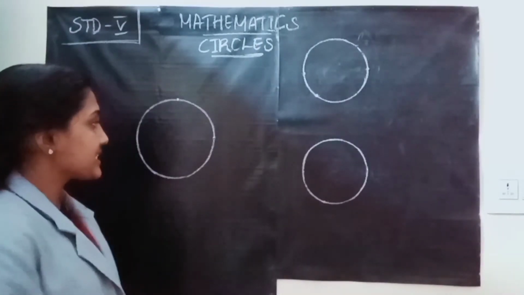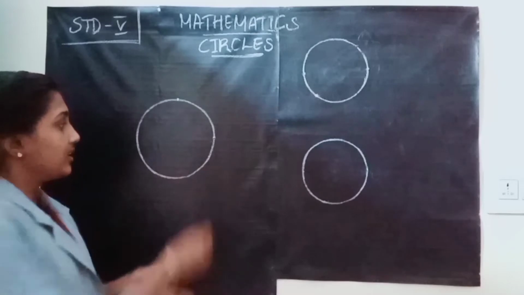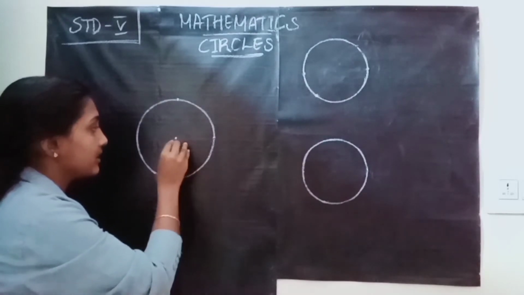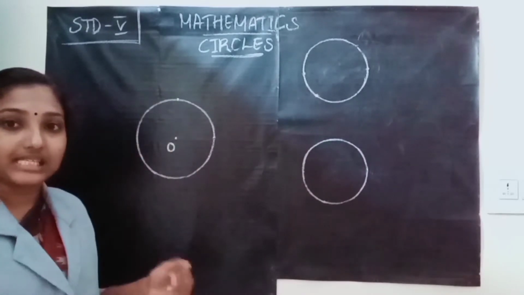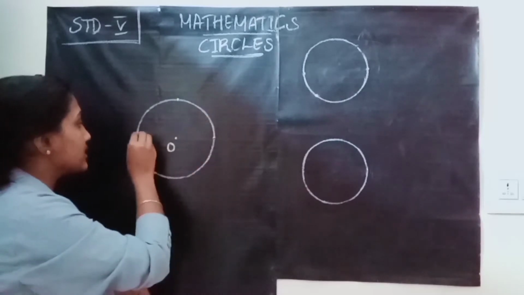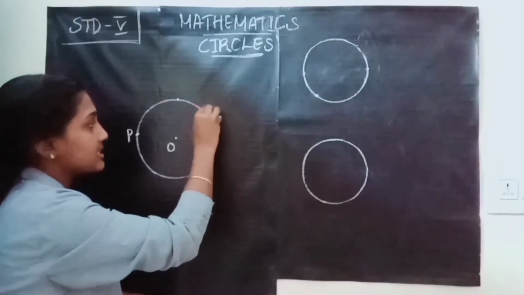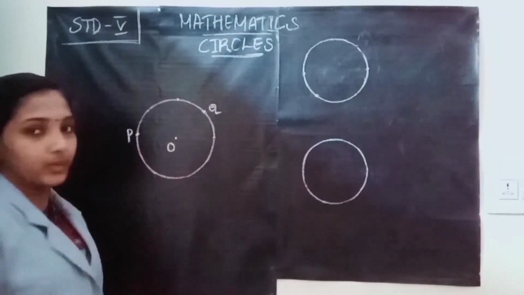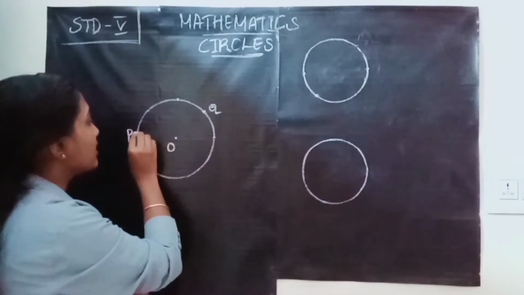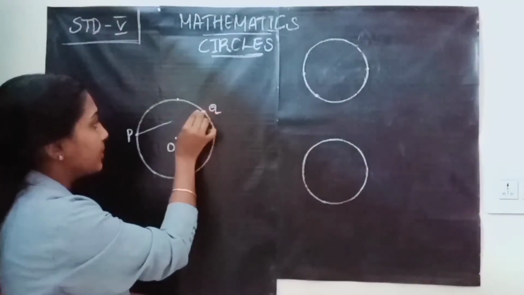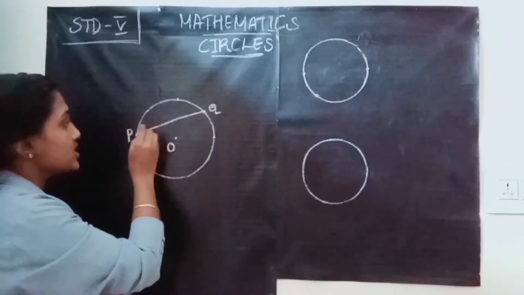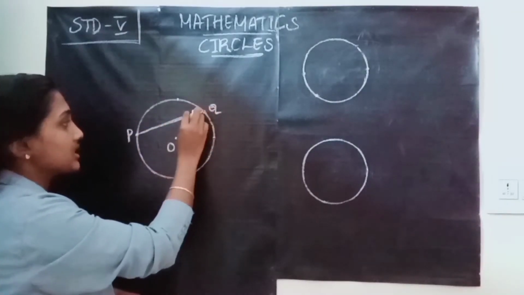Next, here we have a circle with center O, and I am taking 2 points on the circle, a point P and again a point Q. Now I am going to join these 2 points on the circle.